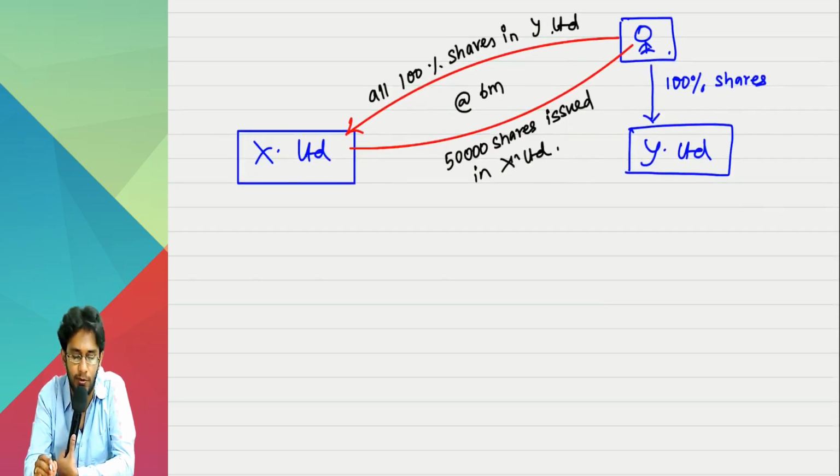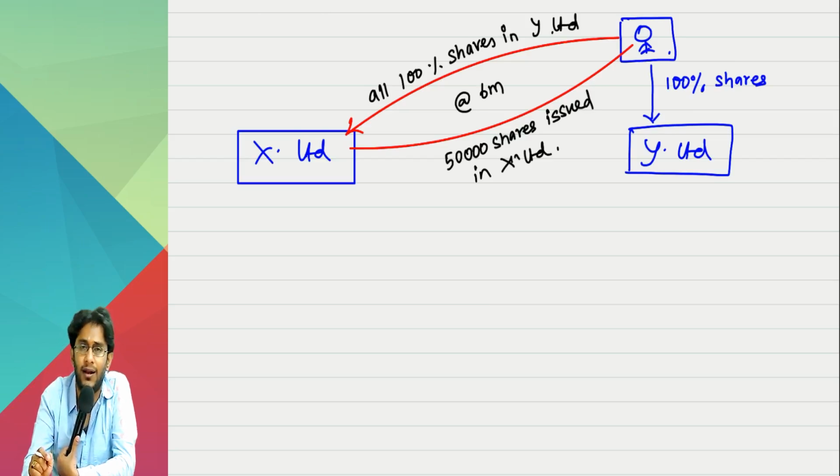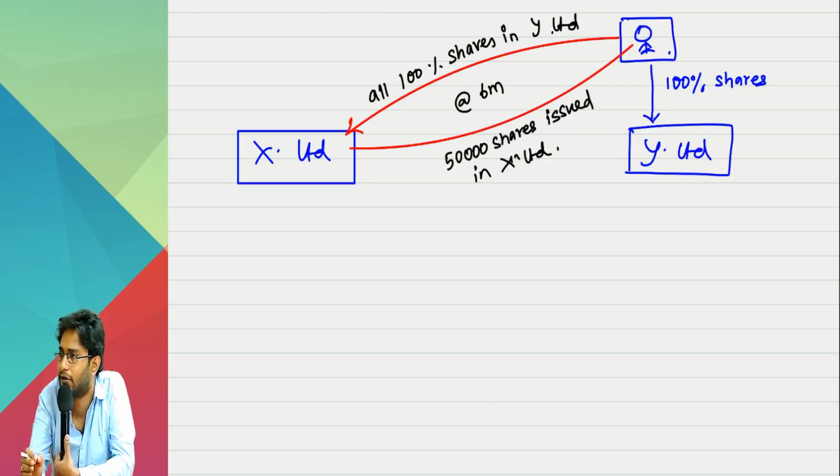The contract is between our company X Limited and an investor of some other company. The deal is, at 6 months' time, he will give all his holdings in Y Limited to us, and in return, we will pay him a fixed number of 50,000 shares of our company.